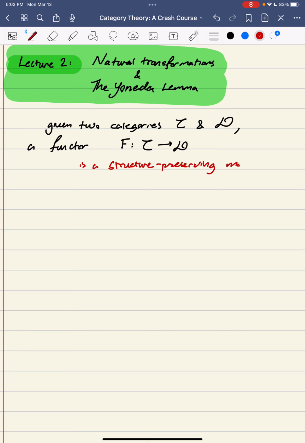Structure-preserving morphism between categories.